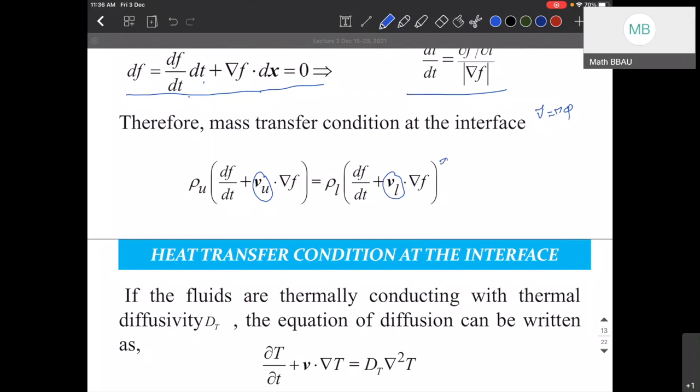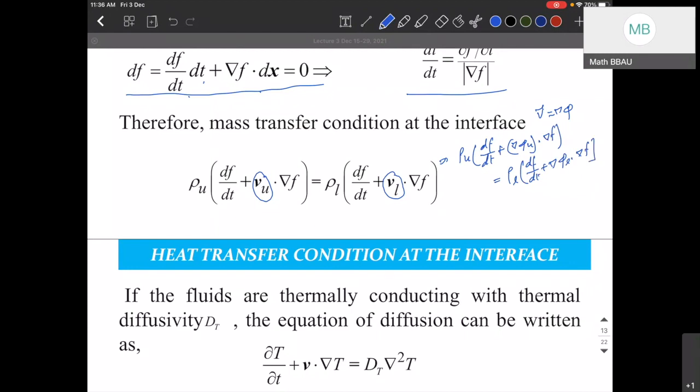Then this condition changes: rho u df by dt plus gradient phi u dot gradient f is equal to rho l df by dt plus gradient phi l dot gradient f.